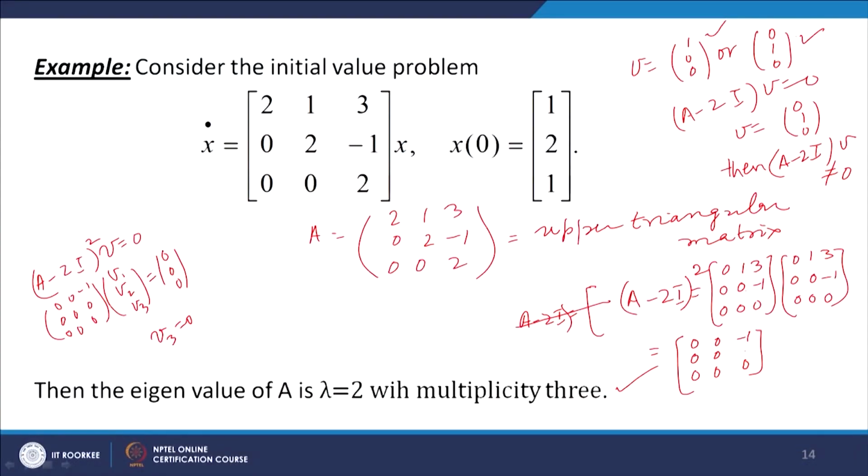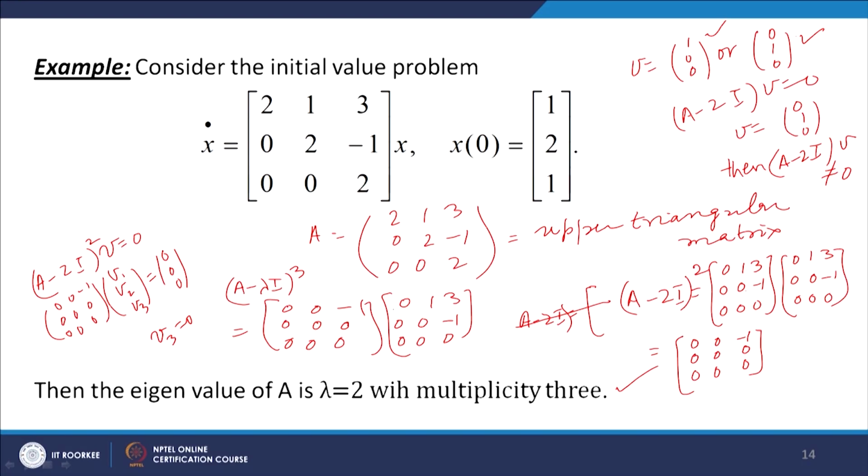If you multiply again by (A minus 2I), which is 0 1 3, 0 0 minus 1, 0 0 0, this is (A minus lambda I) whole cube.